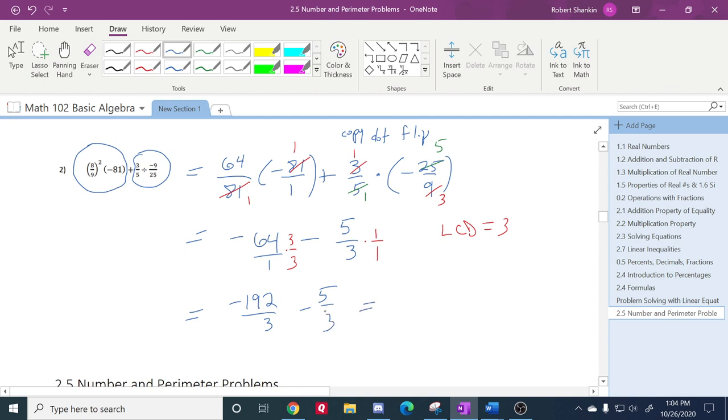And then, since the signs are the same, we add them. Negative 197 over 3. I can leave my answer like this, or I can divide that out. 3 goes in there. 60 times 3 is 180.